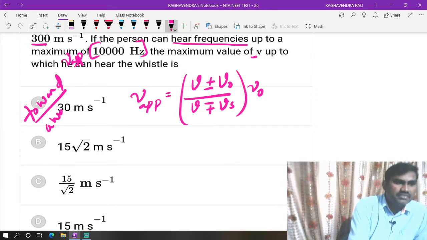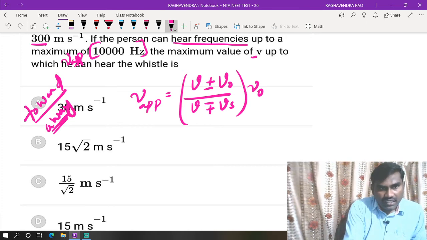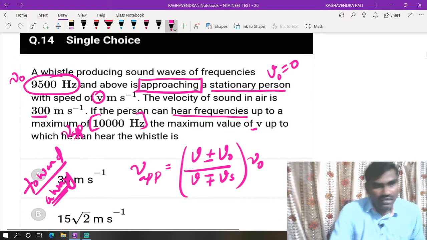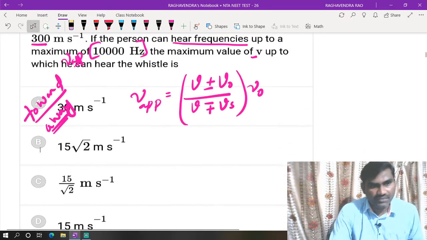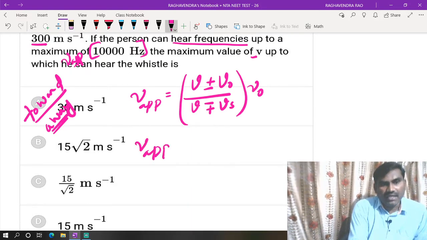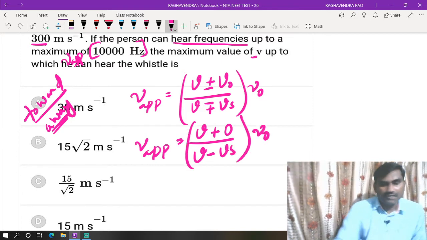Away means lower sign: negative in the numerator and positive in the denominator. As they have given approaching, that means towards, so we take the upper sign. The apparent frequency will be equal to (V plus V naught, which is 0) by (V minus Vs) into the original frequency.